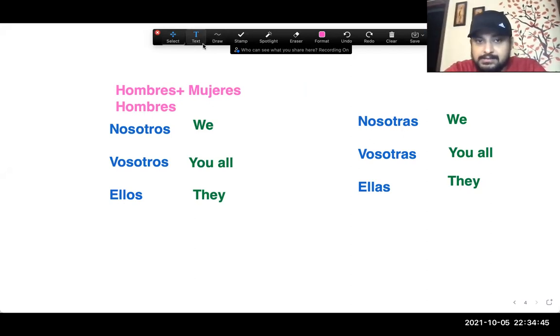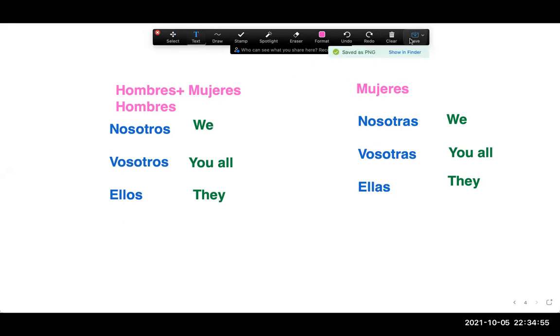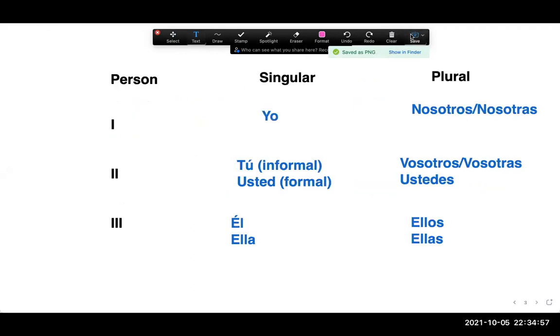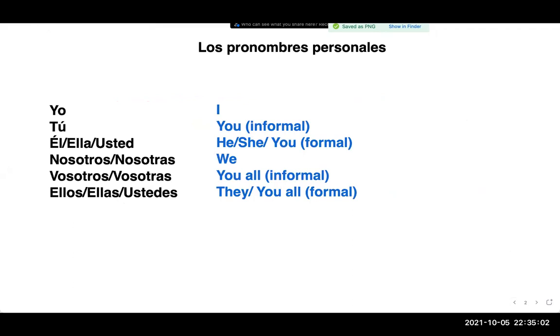And nosotras, vosotras, ellas means only females, mujeres. Okay. I hope it's clear to everyone. And these are the pronombres personales.